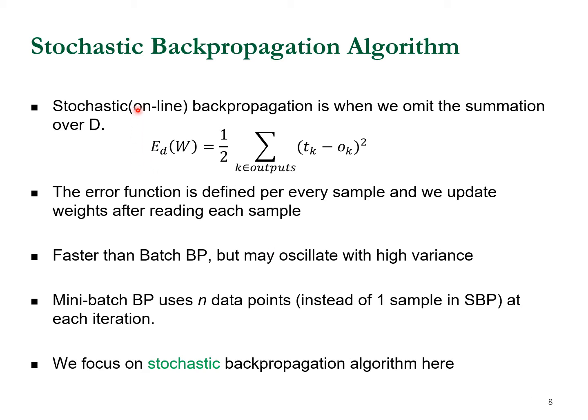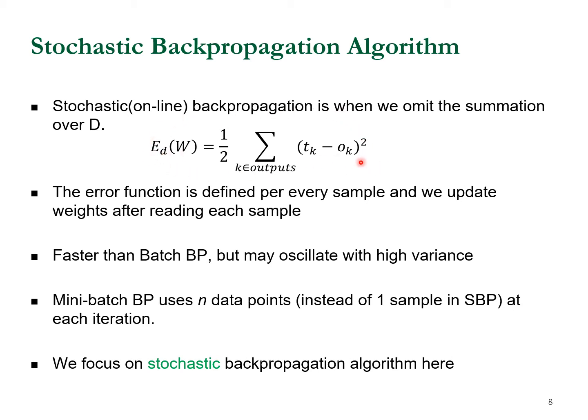So this is the error function in the stochastic backpropagation algorithm. If you compare this with the error function in batch backpropagation, the only difference is that there is no summation over data D. That means you read one data, a specific data D, and then using that particular data, we define the error value like this.